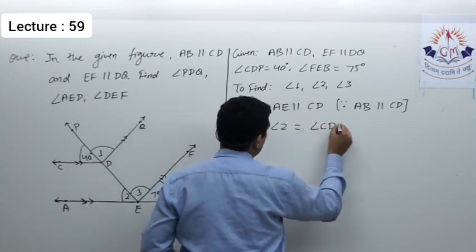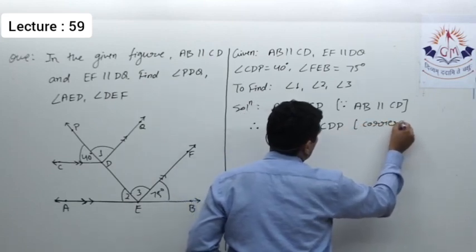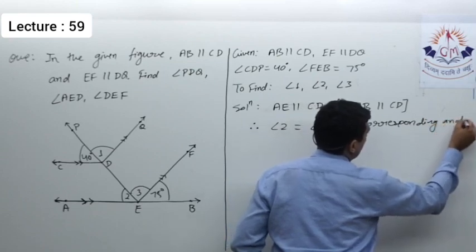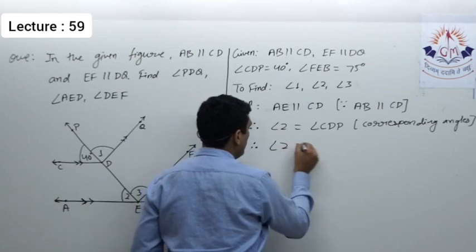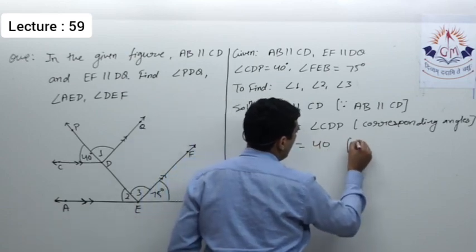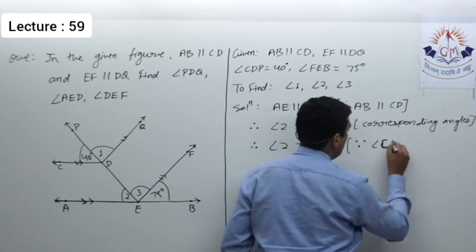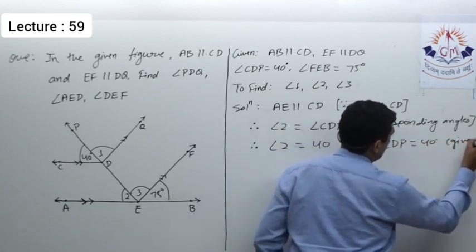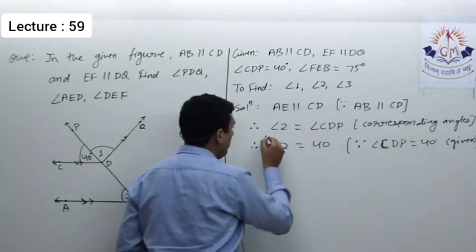Why? Because they are forming corresponding angles. Therefore, angle 2 is equal to 40 degrees. Why? Because angle CDP is equal to 40 degrees. That is given. So here we got the measure of angle 2.